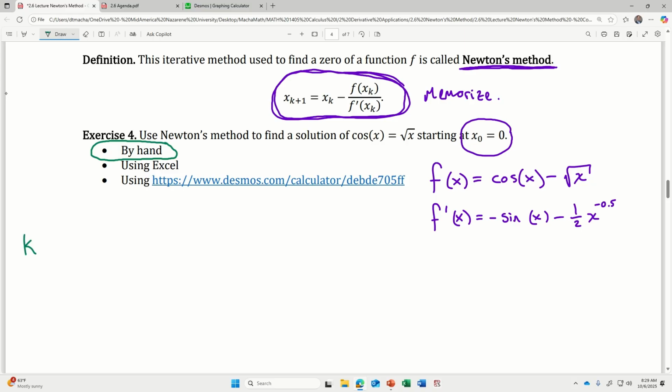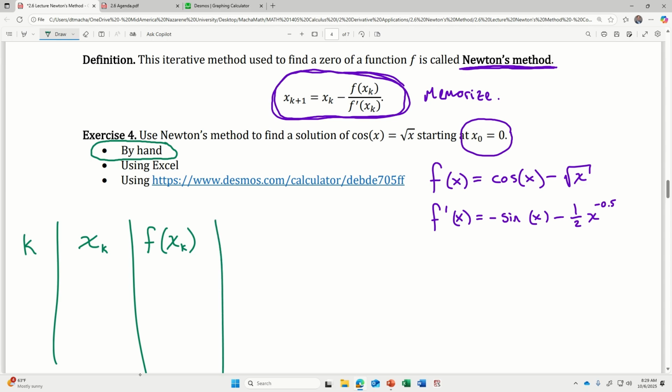The leftmost column of my table is going to be, sorry, k. It's a k, not an x. And then the next column is going to be labeled x sub k. And then the next thing is going to be f of x sub k.